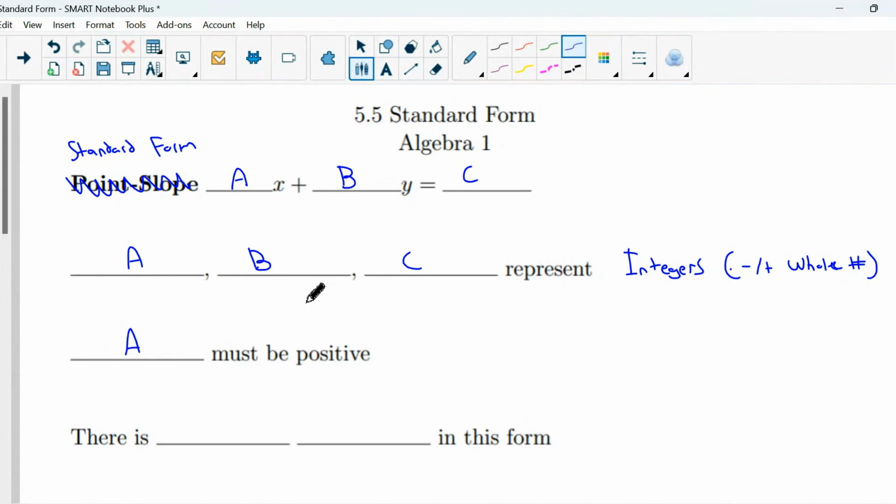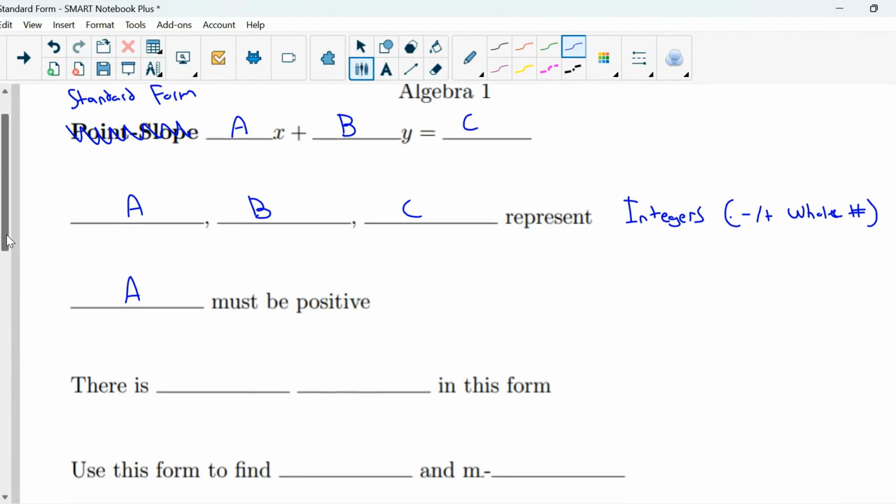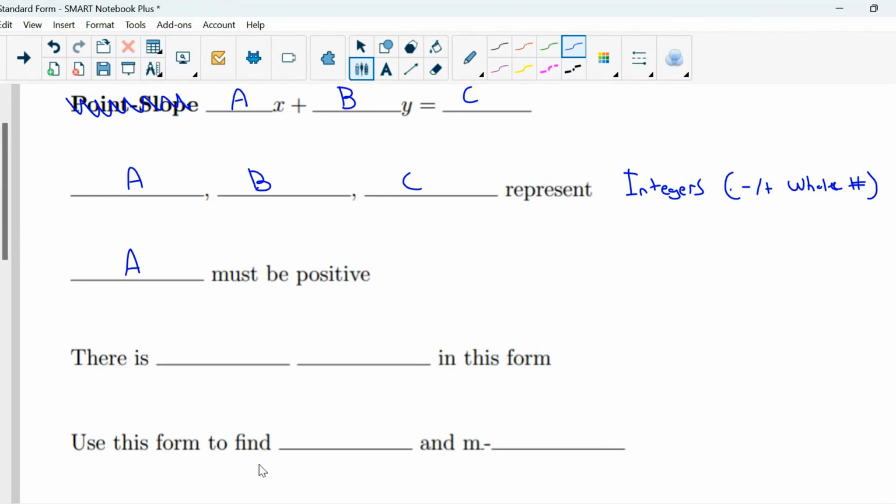I know this is a little bit confusing right now. It'll make more sense once we look at some examples. There are no fractions in this form, unlike the other two forms. We need to use this form to find our x and y intercepts.